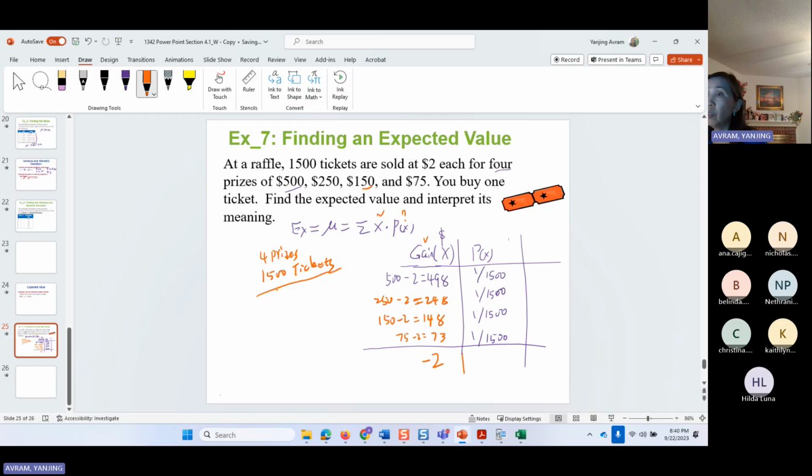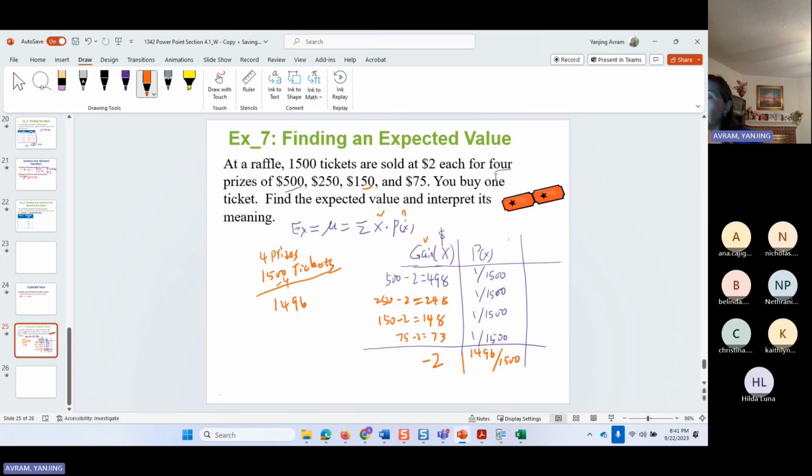It will be 1,500 minus 4, so that's 1,496. So you have a 1,496 out of 1,500 chance that you do not win anything. That is how you set up this probability distribution.